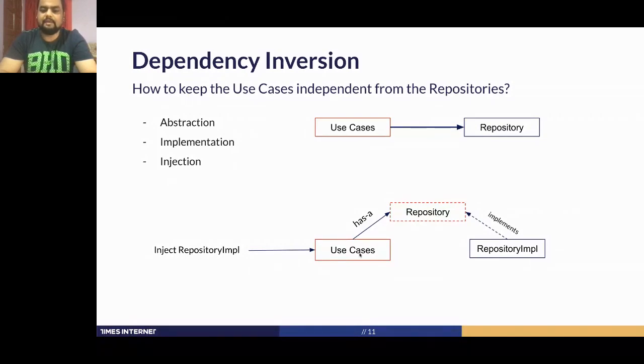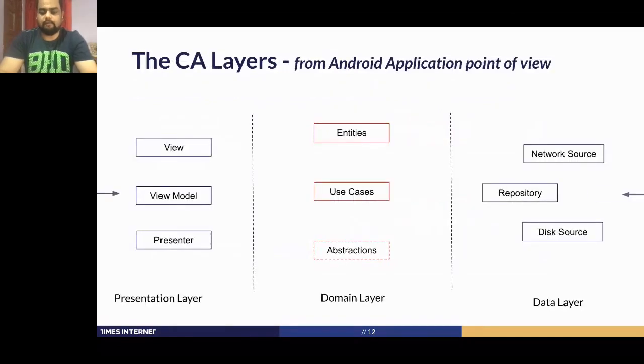Like this, whenever there is a change in the repository implementation, the use case is not impacted. So this kind of dependency inversion is achieved while we use abstraction, implementation, and injection. So the higher level should not depend directly on the lower level.